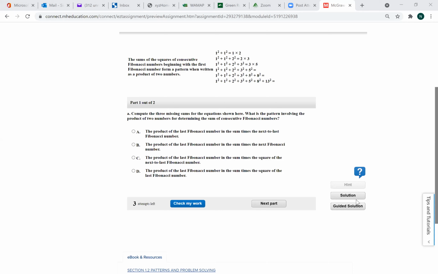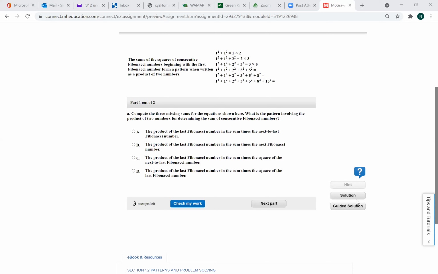So remember, it went 1, 1, 2, 3, 5, 8. So I believe it will probably be 4 times 8, which is 32. And that would make sense because 5 squared is 25 plus 3 squared is 9. 25 plus 9, I do it in my head, is, I don't know that it's going to be 8, because 4 times 8 is 32.